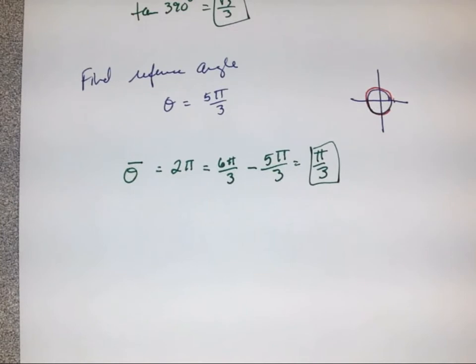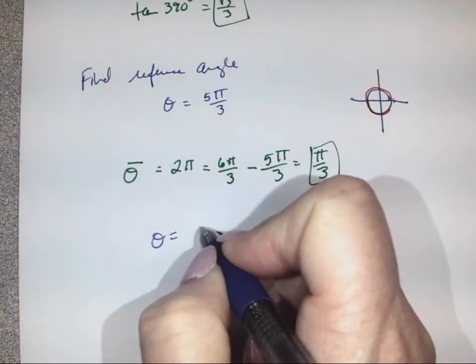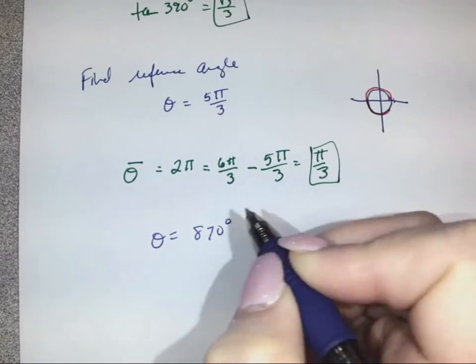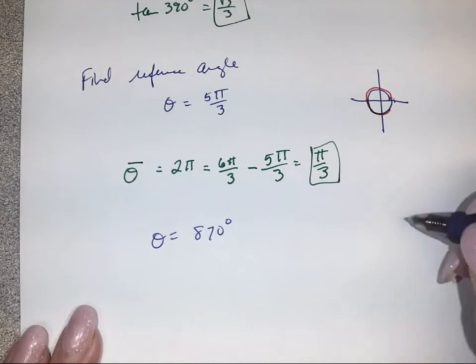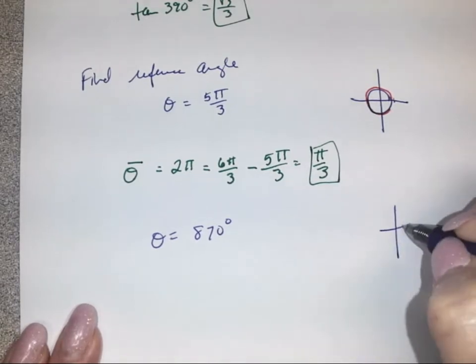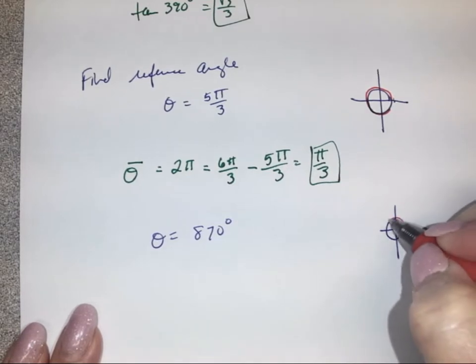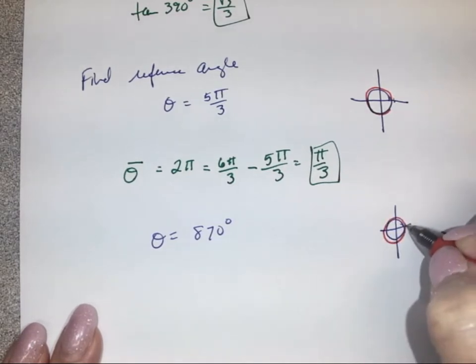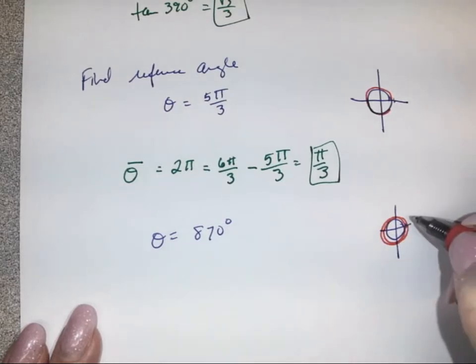All right, let's look at another one. What about if we have theta equal to 870 degrees? Well, we know it's 360 all the way around, so let's draw another circle here. 360 would get us once around. Another 360 takes us to 720, another time around.